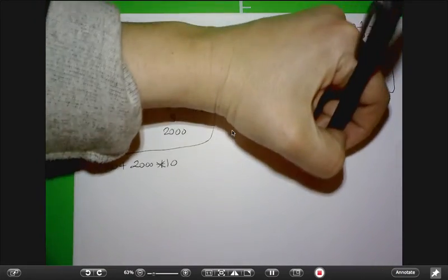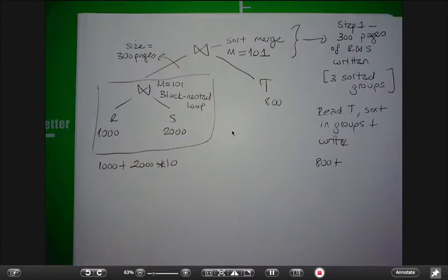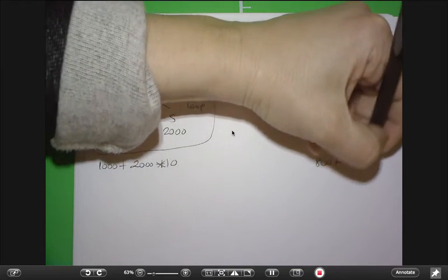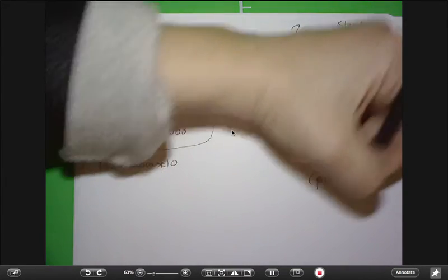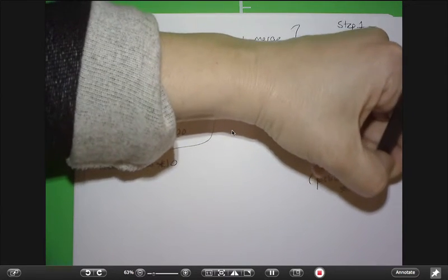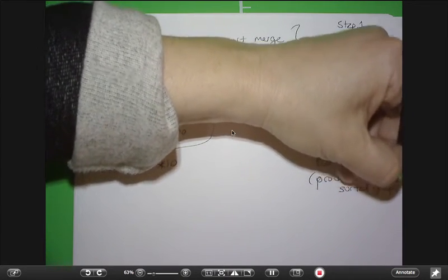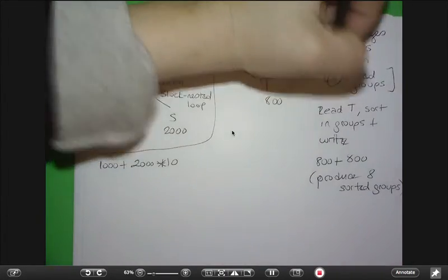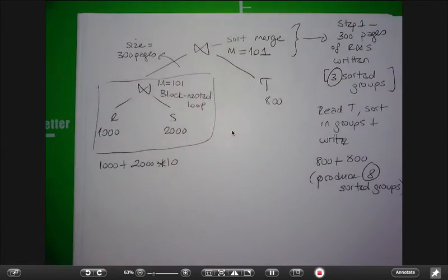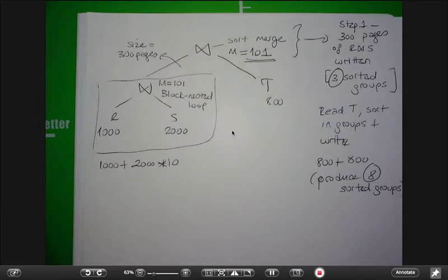So I'm going to read 800 plus I'm going to write 800 and I'm going to produce 8 sorted groups. Right? So I have 3 sorted groups here, 8 sorted groups here, and I still have 101 blocks for this.